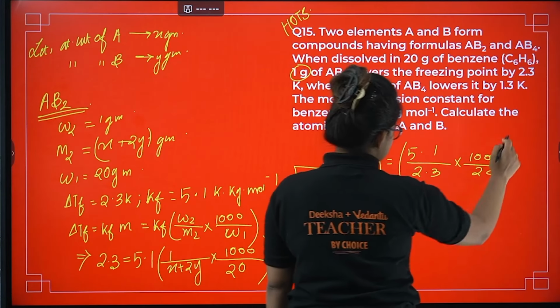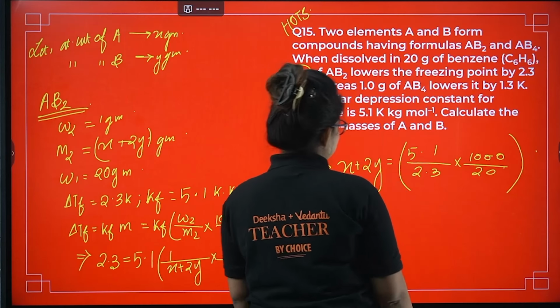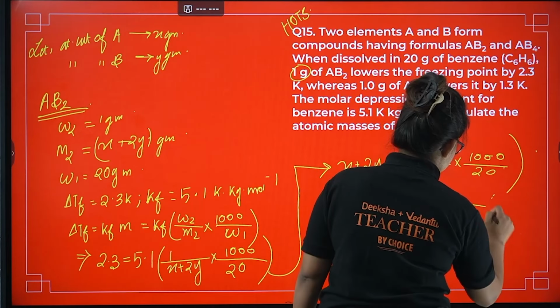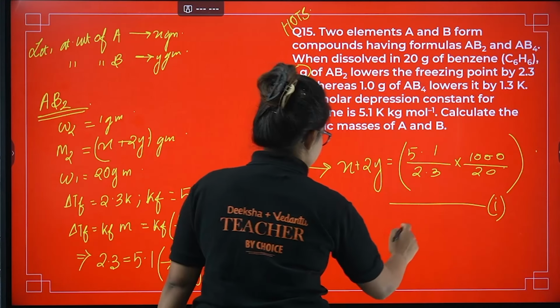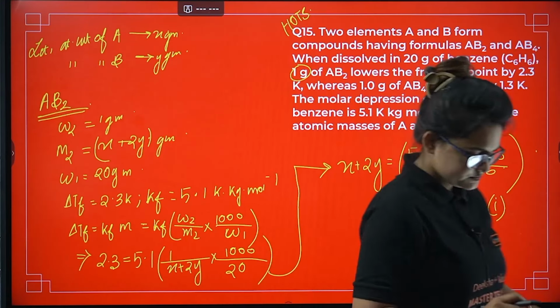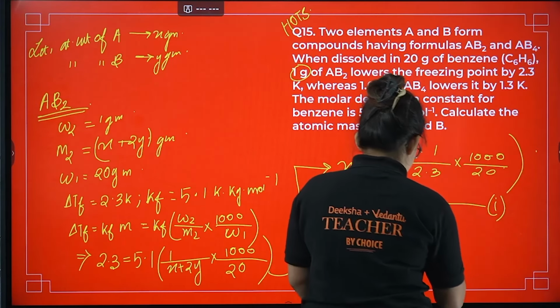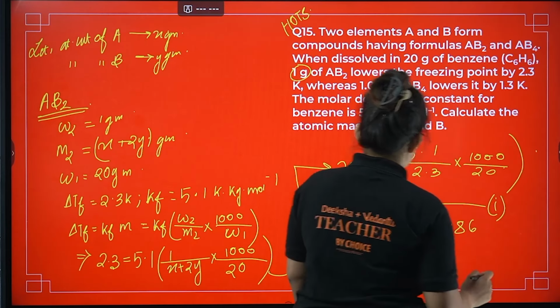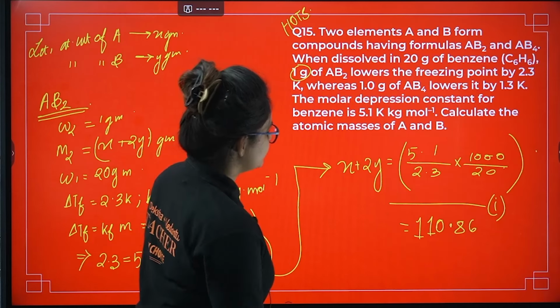This is your x plus 2y value, let it be equation number 1. If we find out the value, it should give you 110.86. So this is your equation number 1.